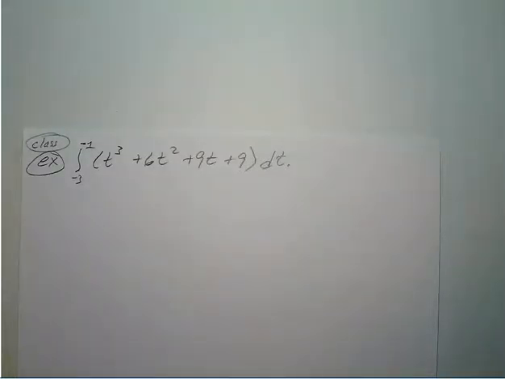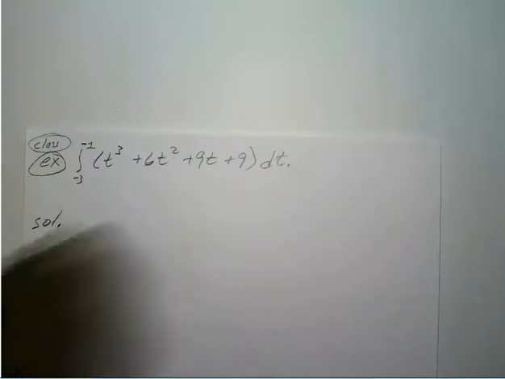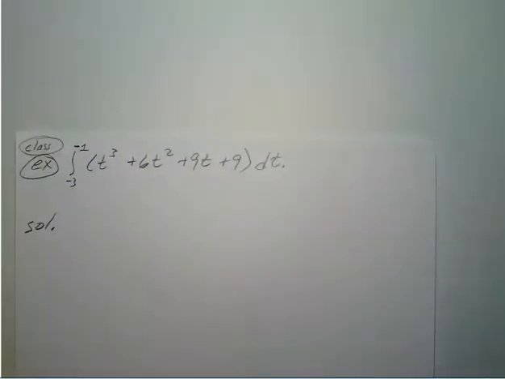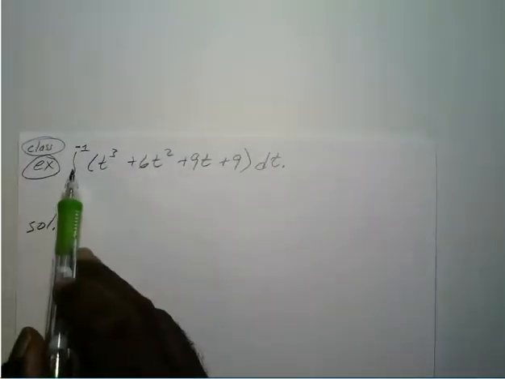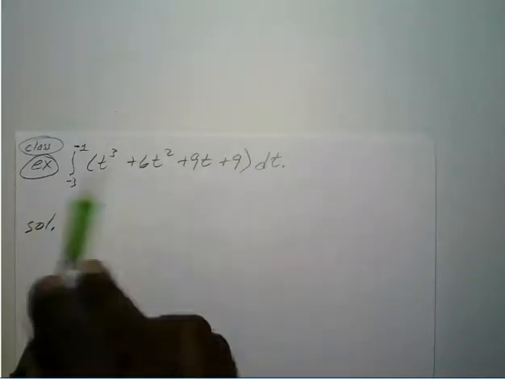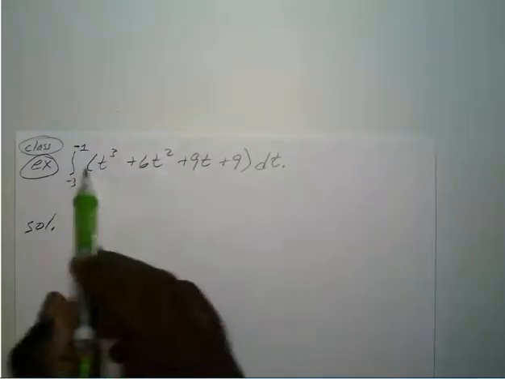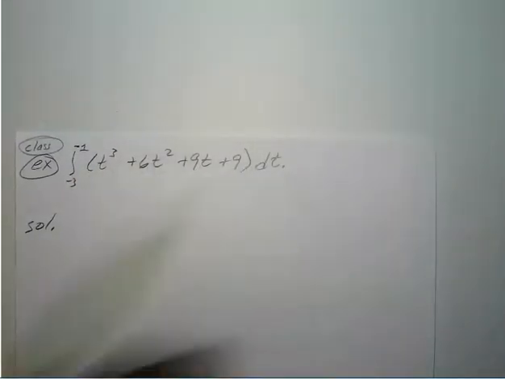All right, so assuming you've pressed pause and you've already worked this one out, you can go ahead and verify your answer. Okay, so what we're going to do is just leave it like this. We're not going to separate it into different integrals like we did before on the previous example. We're just going to solve each individual term.